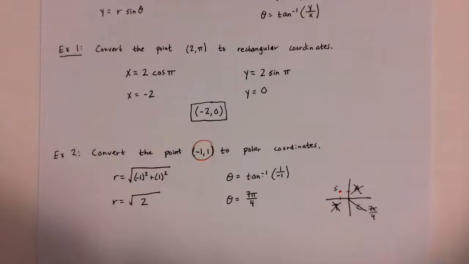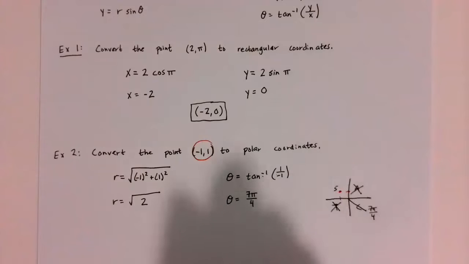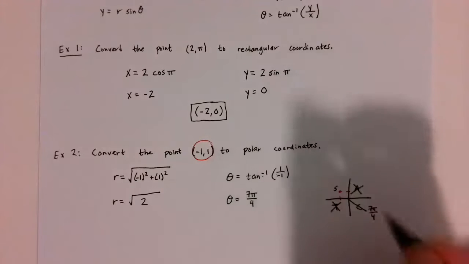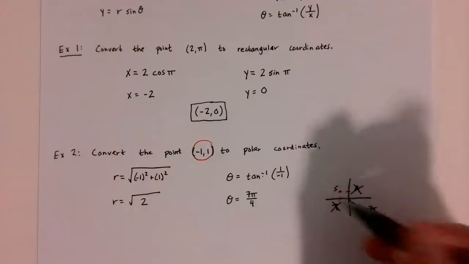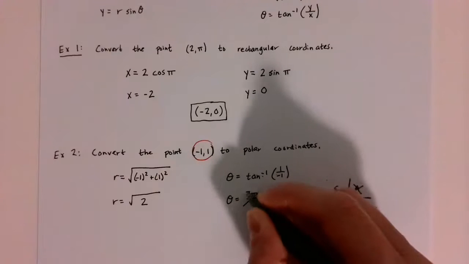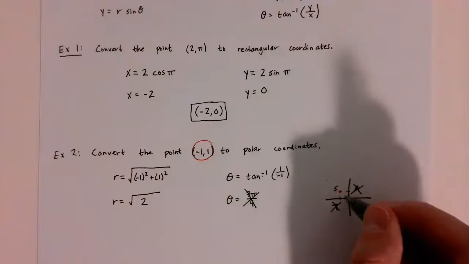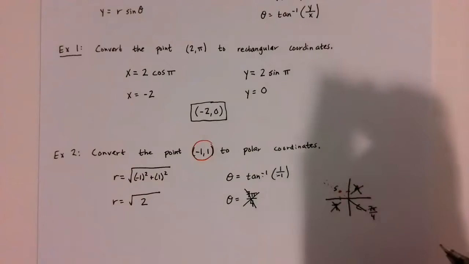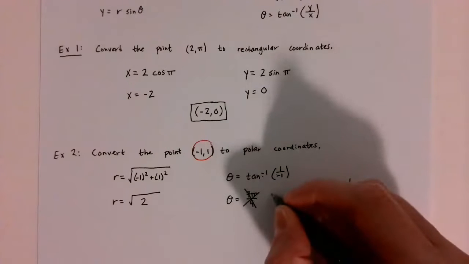So we need to figure out what the angle is on this side. It's really just a reflection, or it's 180 degrees away. So the angle that we're actually going to use is the one on the other side in quadrant 2. That again is 3 pi over 4.